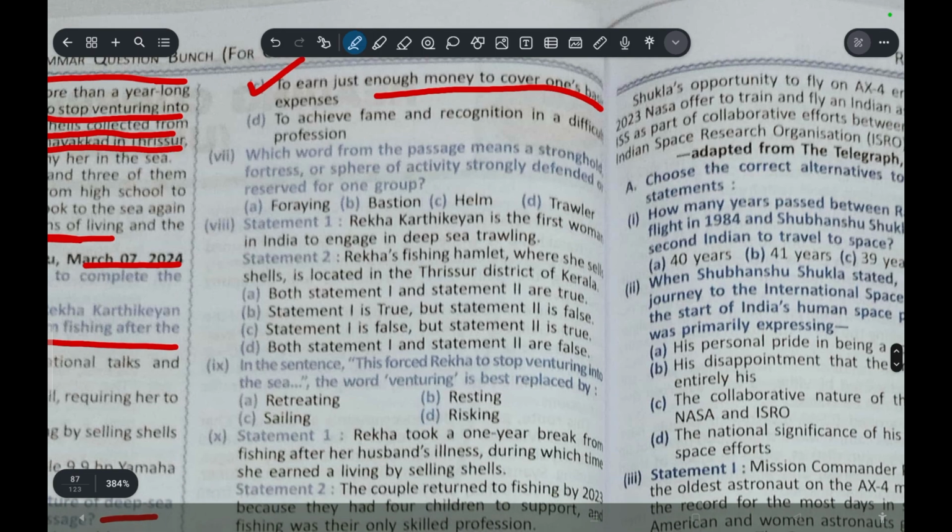Which word from the passage means a stronghold, fortress, or sphere of activity strongly defended or reserved for one group? Okay, let me show you that it's a question of vocabulary. If you don't know, don't worry about it. Just try to understand what they are saying.